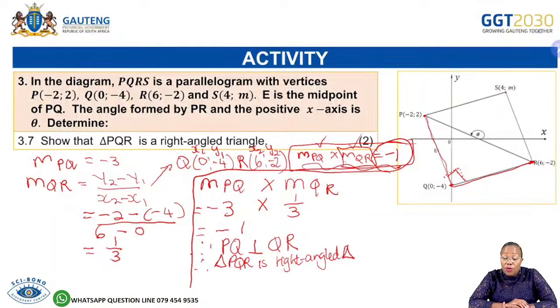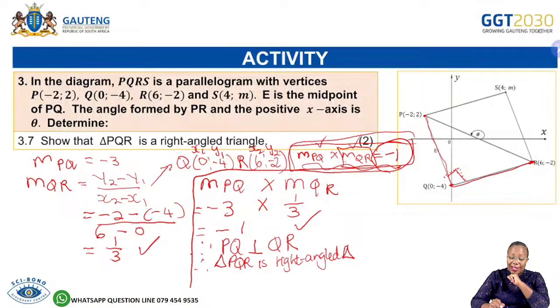Okay, so now let's look at the mark allocation for this one. The first mark is for the gradient of QR being calculated correctly, that is 1/3. And then the second mark is for showing us that the product of the two is giving us a -1. Grade 12, the mistake that you are making is to start by telling us it is true that it is -1.